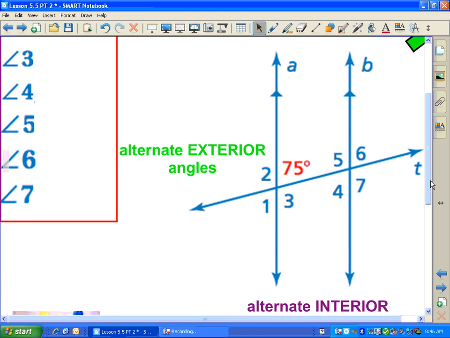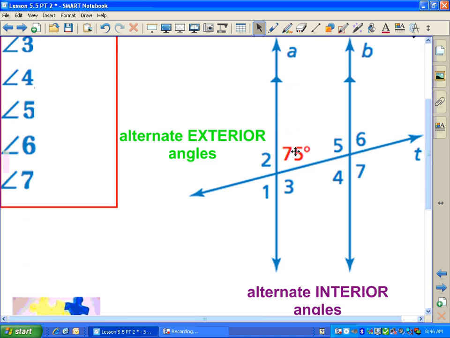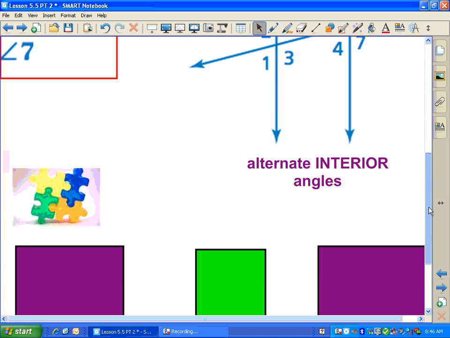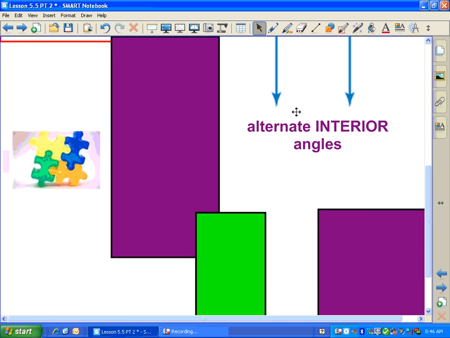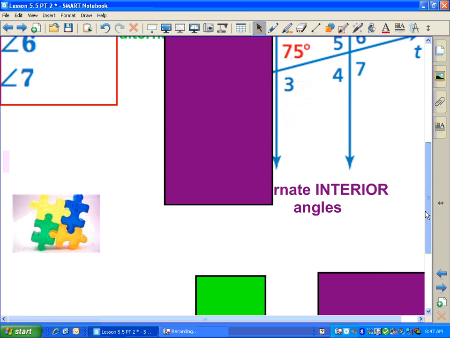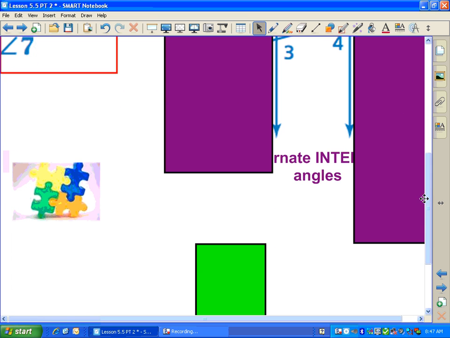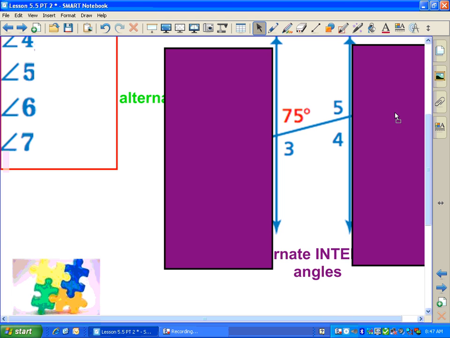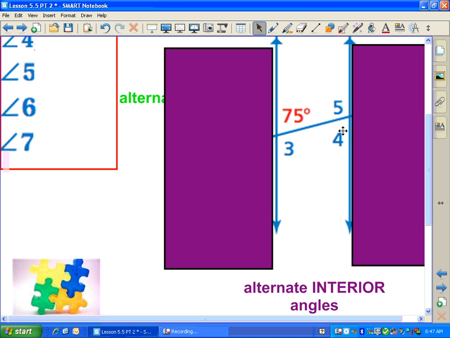All right. Here's my first measurement. They gave me 75 degrees. Remember, this is going to be like a puzzle. This is going to be my first piece that I start with. Well, for my visual people, I'm going to slide this piece up here, and I'm going to slide this piece up here. And hopefully you remember from earlier in the podcast, these angles are on the inside of my parallel lines.